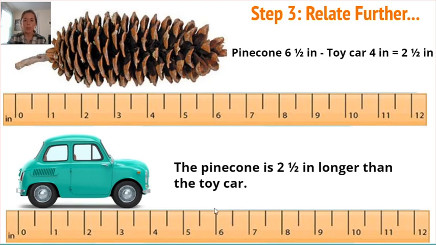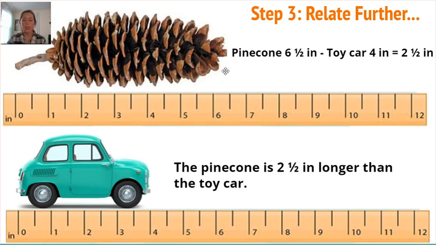We can go down a half so we can get to a whole number. Then we go down 1, 2. So we just went down 2.5 inches to get to 4 inches, which again is how much longer the pine cone is, because the pine cone is 6.5. It's 2.5 inches longer than the toy car, okay?